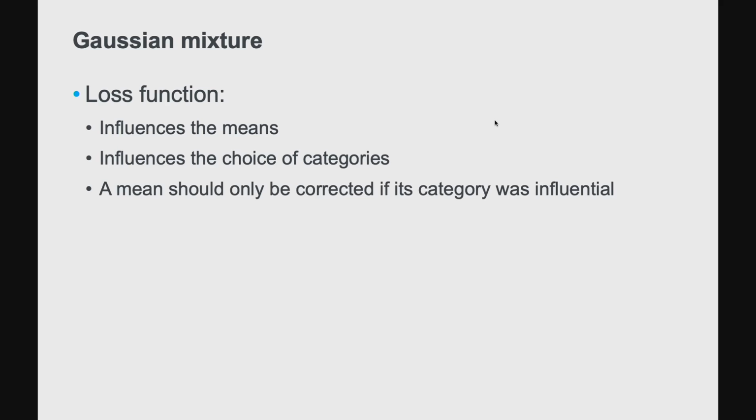And a mean should be only corrected if its category was influential. I mean, if I have one Gaussian here and one Gaussian there, and I see another object here, it makes sense to adapt this mean value, but not this one.